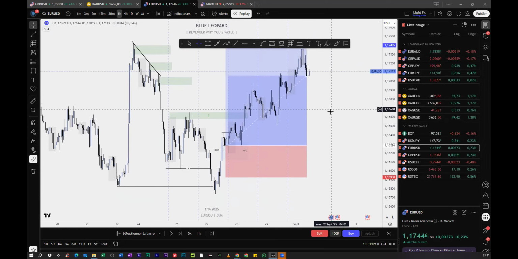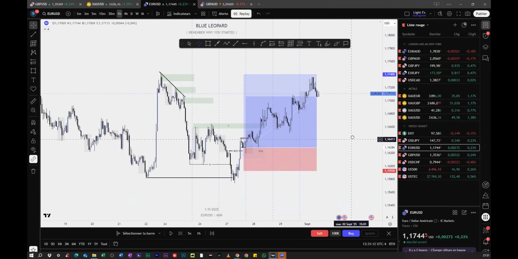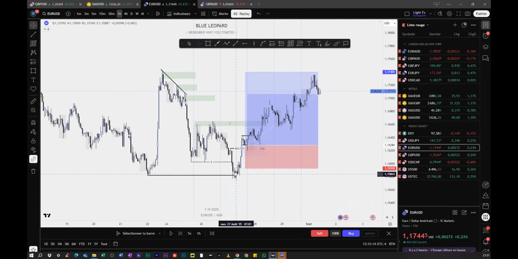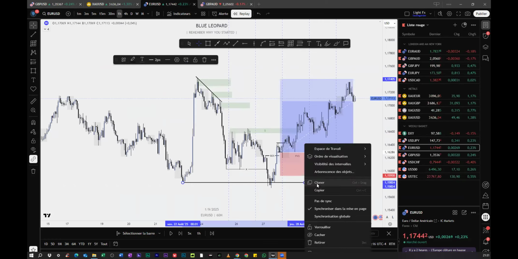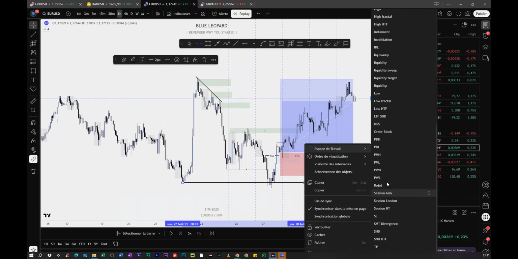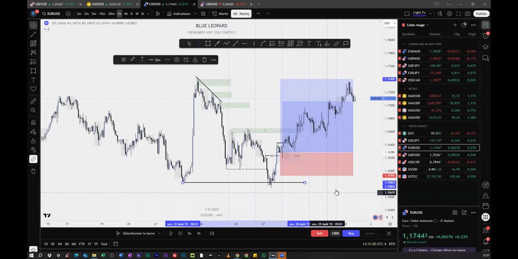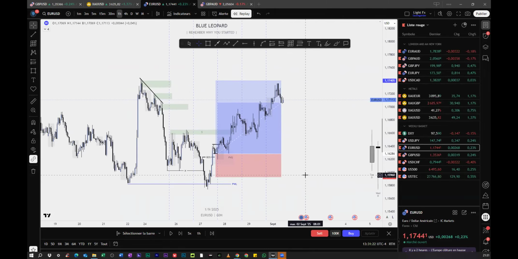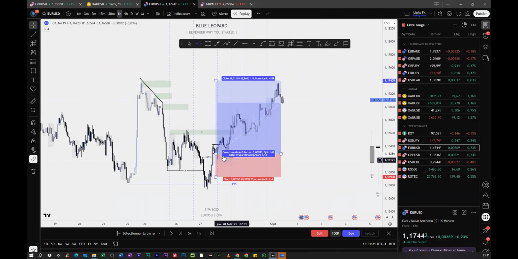That's how you can spot these levels, because this was a previous weekly low. The previous weekly low was tested on a Wednesday, then Wednesday created a reversal, but we entered on Thursday.